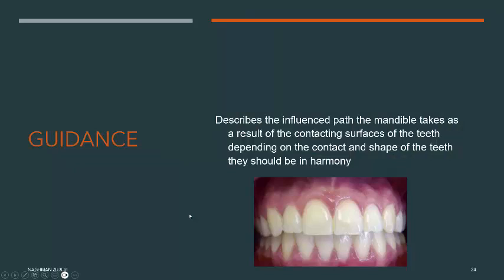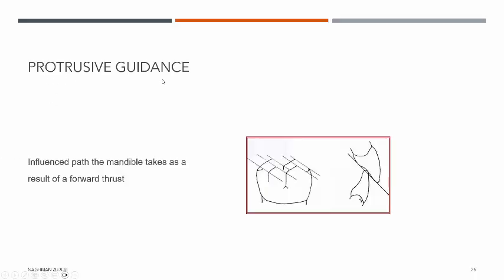Guidance. It describes the influenced path the mandible takes as a result of the contacting surfaces of the teeth. Depending on the contact and shape of the teeth, they should be in harmony. Protrusive guidance, which I told you earlier as well, influences the path the mandible takes as a result of a forward thrust.